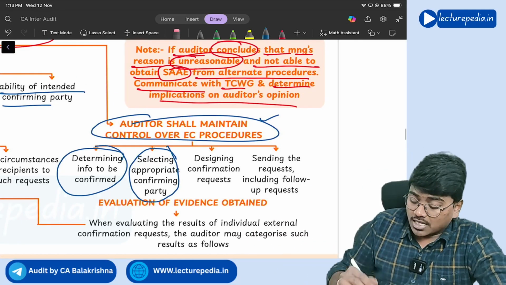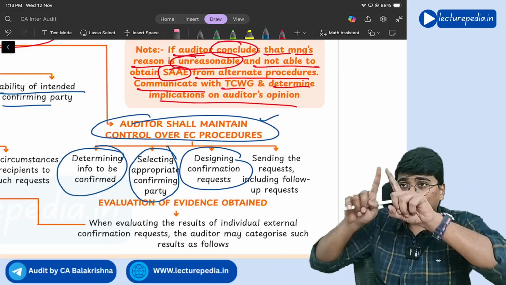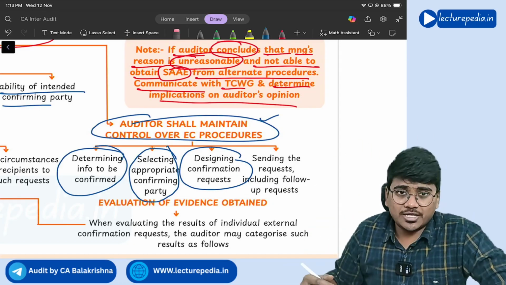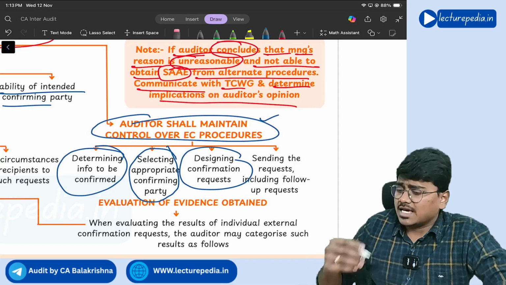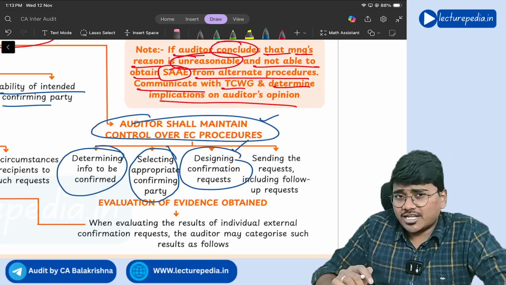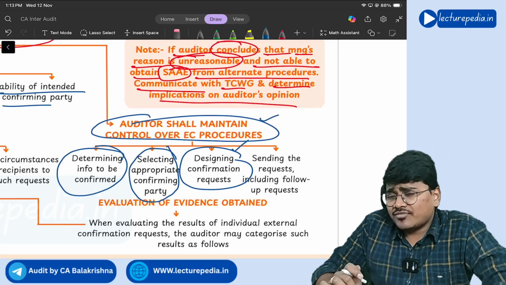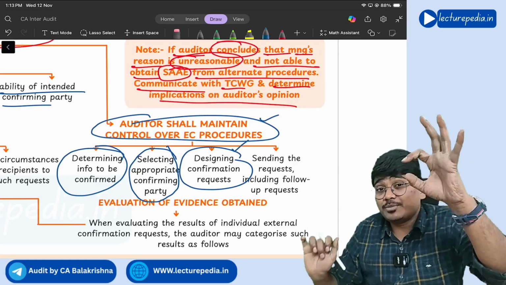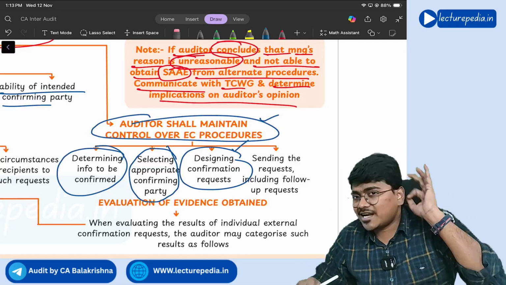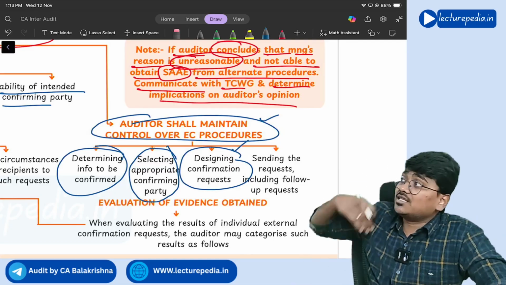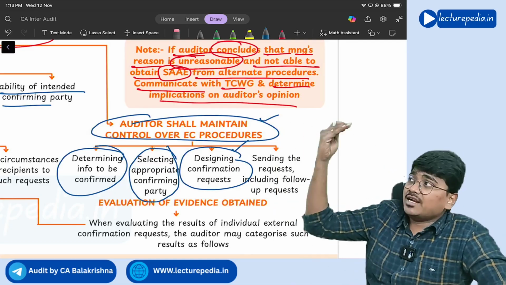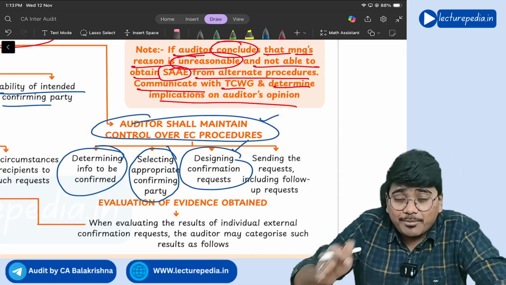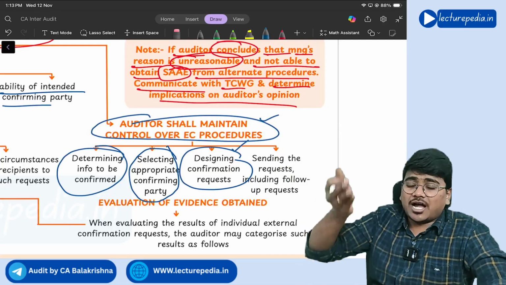Next, designing the confirmation request. The confirmation request should also be designed by the auditor only. He should not assign this task. This confirmation request should be designed on the letterhead of the management. Why? Because that third party doesn't know who the auditor is, but he has a relationship with the management, so he knows about the management.